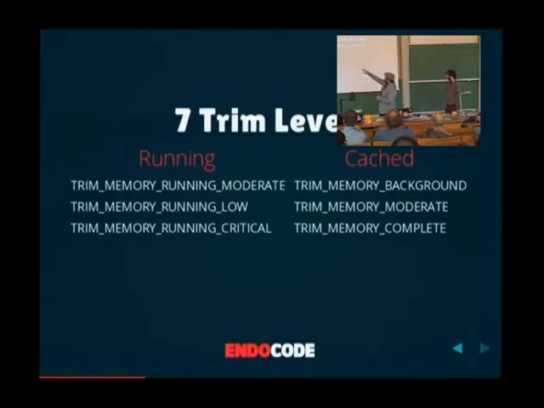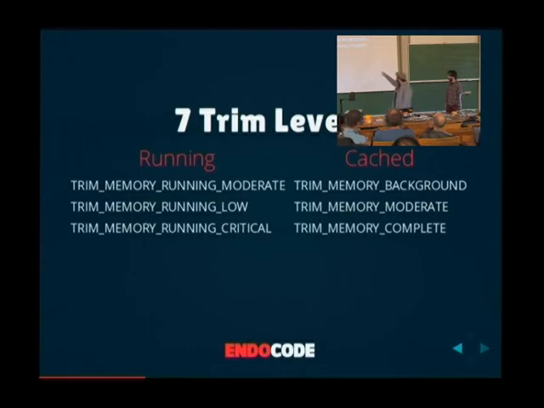And so this is roughly, the rows are basically for the urgency, and the moderate and the background for the cache. You could probably start doing something here, and you probably should, but really, if you get down to critical and complete, then you really, really need to do something.